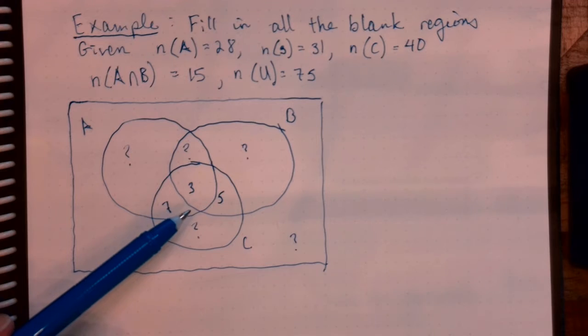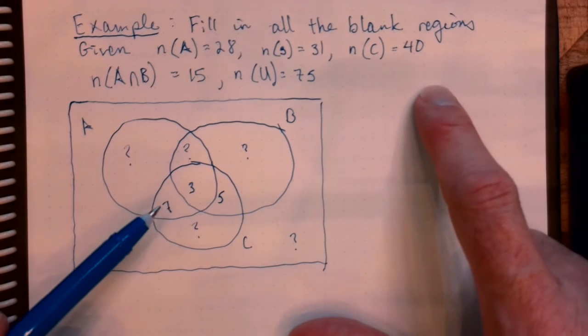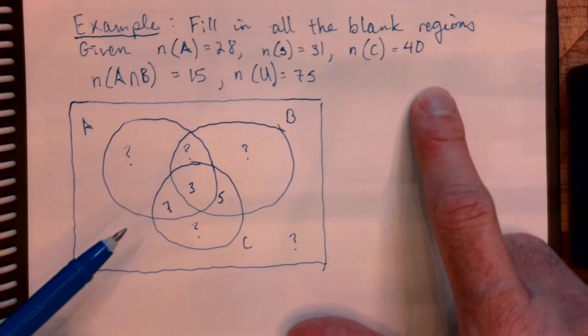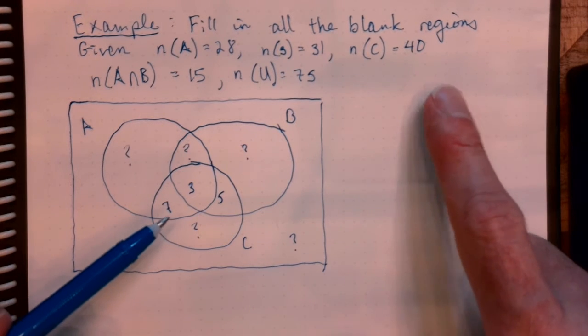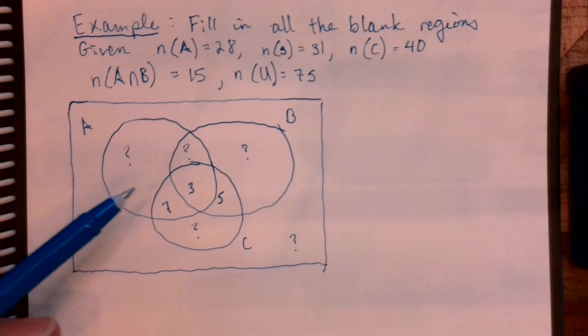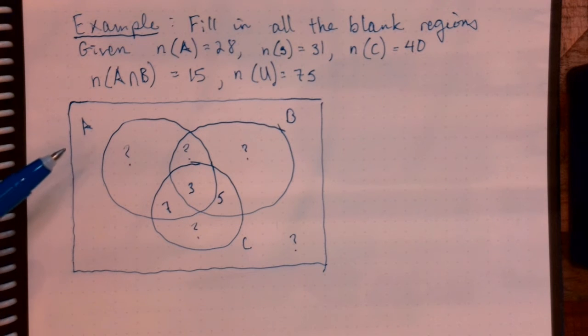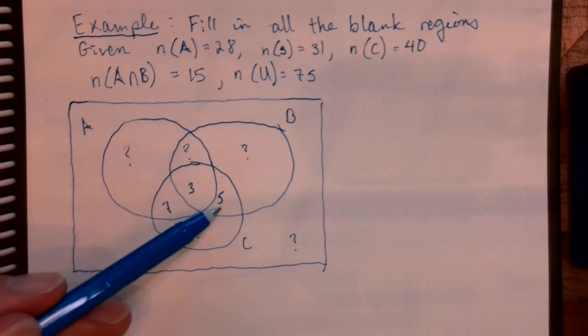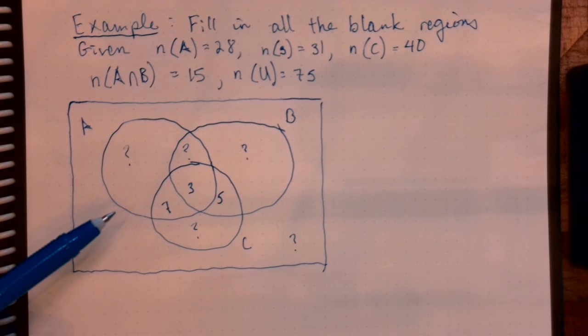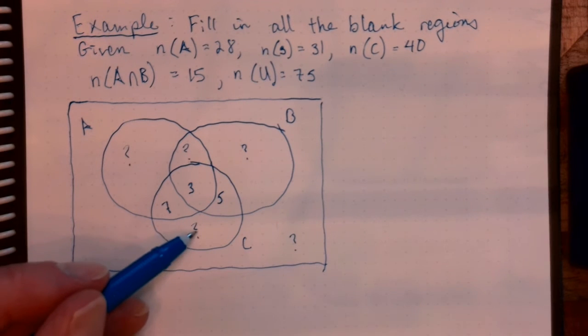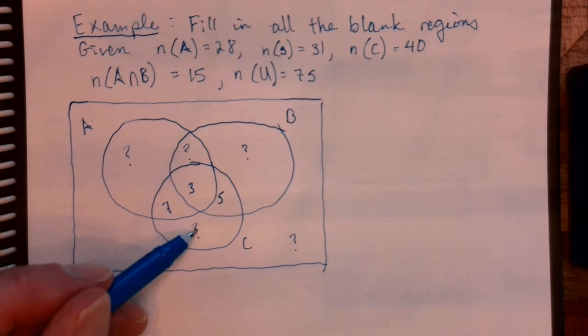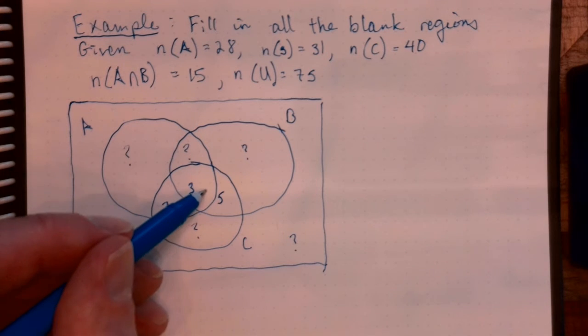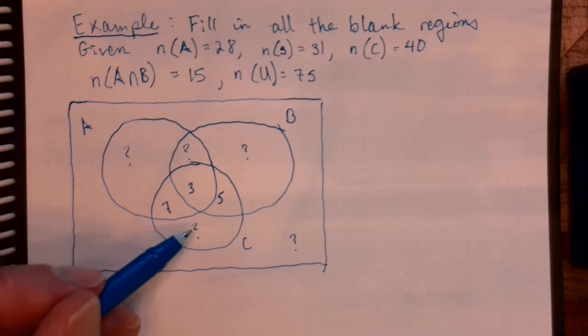What they tell me is that the number of things in the set C is 40. That means the total of all regions inside the circle for C should be 40. Now I've already accounted for 7, 10, 15. So this region is going to have to be the number that would make the total of all 4 of these work out to 40.